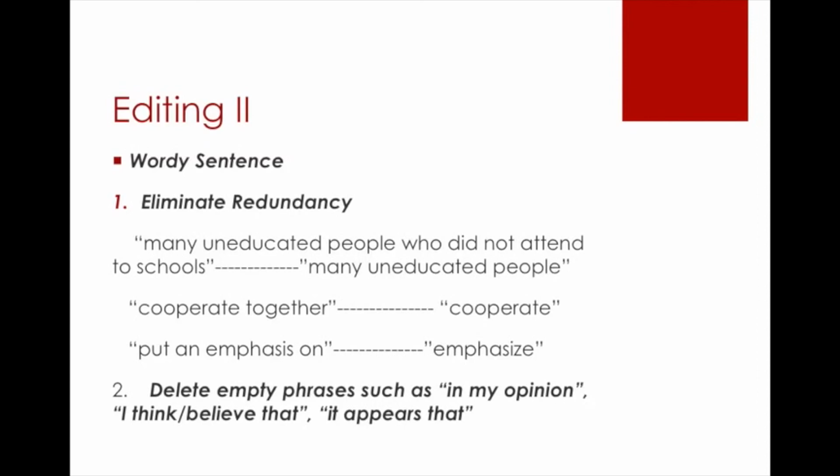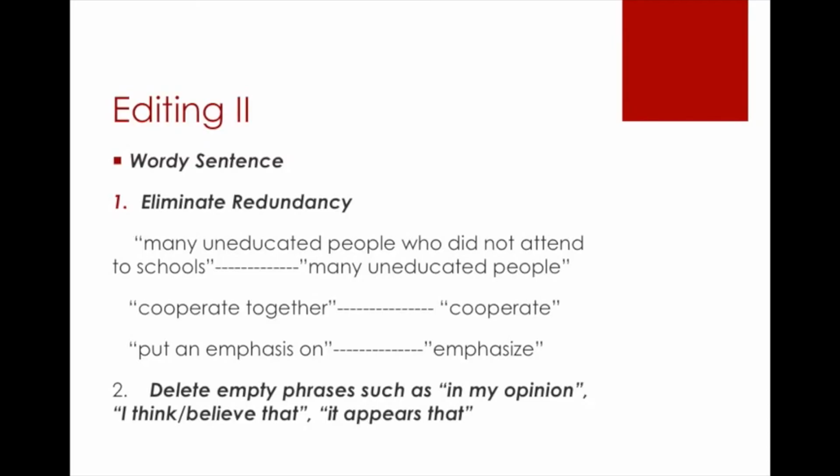I will also show you some wordy sentences and how to revise them. For instance, here, many uneducated people who did not attend school could be reduced to many uneducated people, because the information who did not attend school has the same meaning as uneducated people. Moreover, cooperate and together have the same meaning, so only one word, cooperate, is necessary. Similarly, the last expression, put an emphasis on, can be expressed as emphasize.